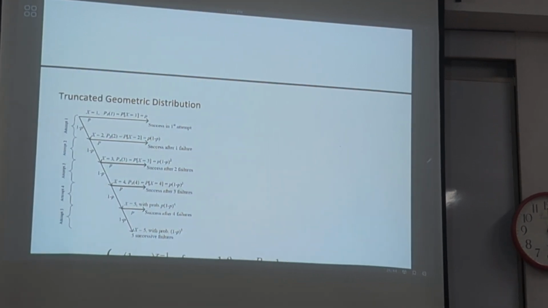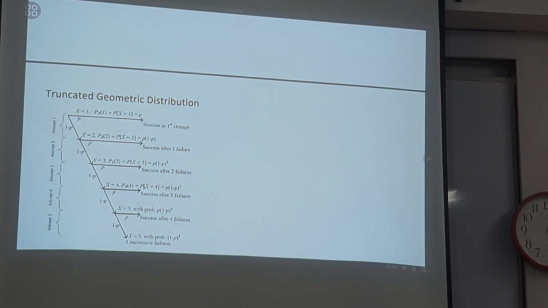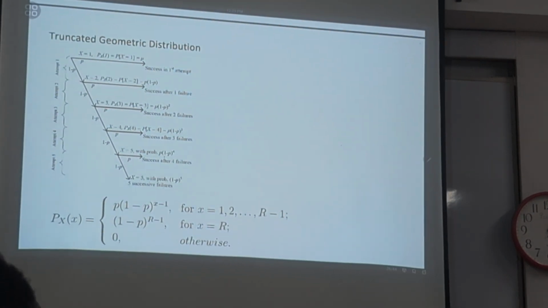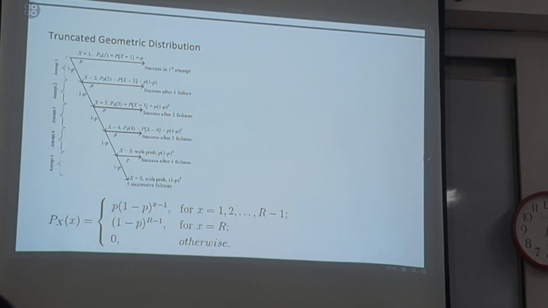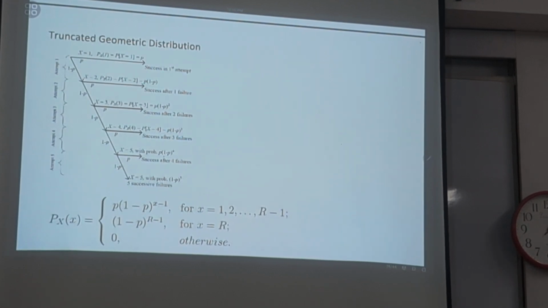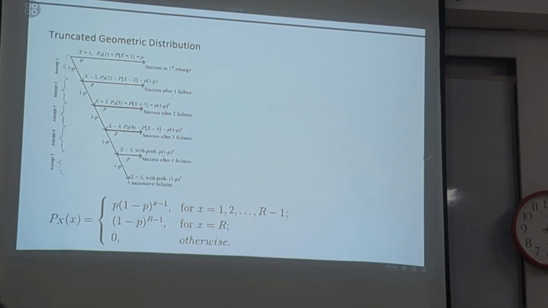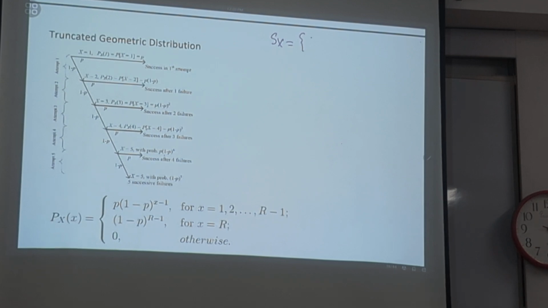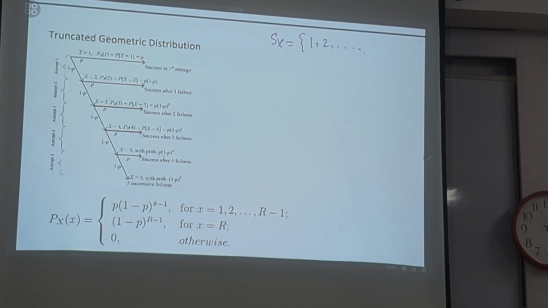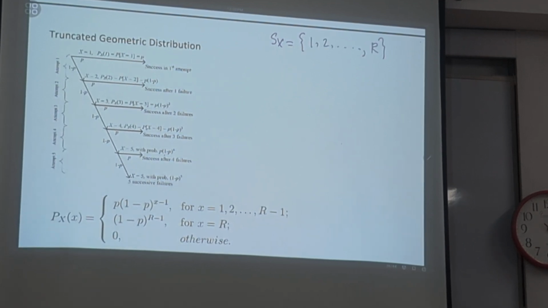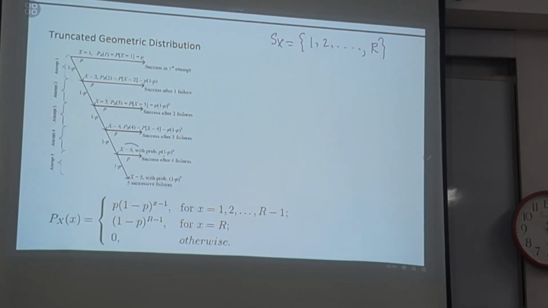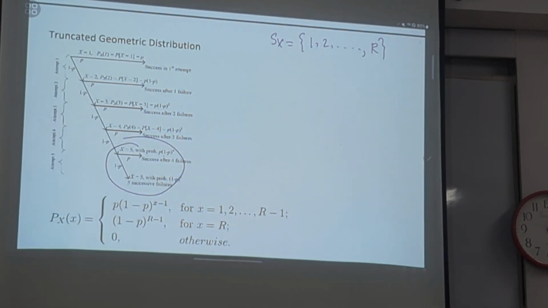So, in case of the geometric distribution, what we do is force the random variable to stop at a certain point. Let's say we stop at R. Then the possible values of the random variable will be 1, 2, up to R. And what will happen at this point?